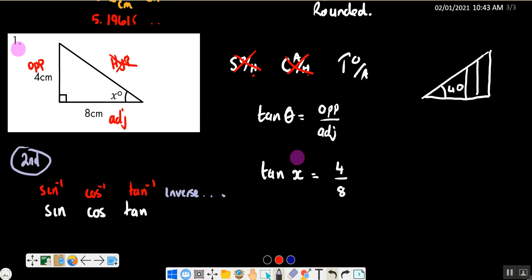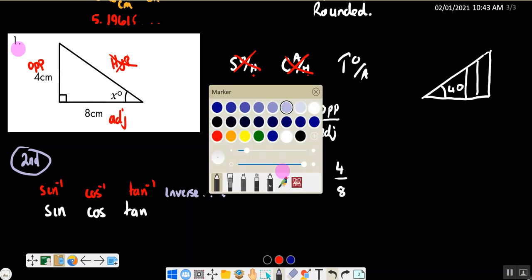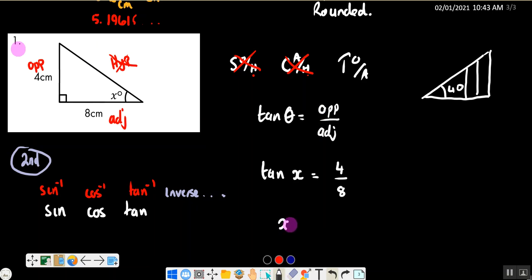So what I'm going to do here is say x is the angle that is created when I have this ratio. So I do the inverse tangent of 4 divided by 8. So you can put that into your calculator. So if you've got the TI-84s, I think you press your second and your tan button to get the tan minus 1.